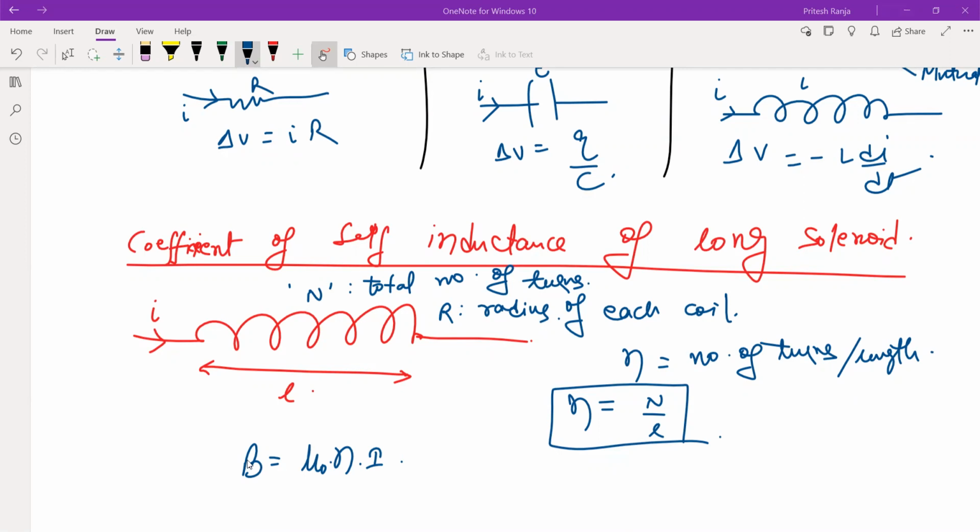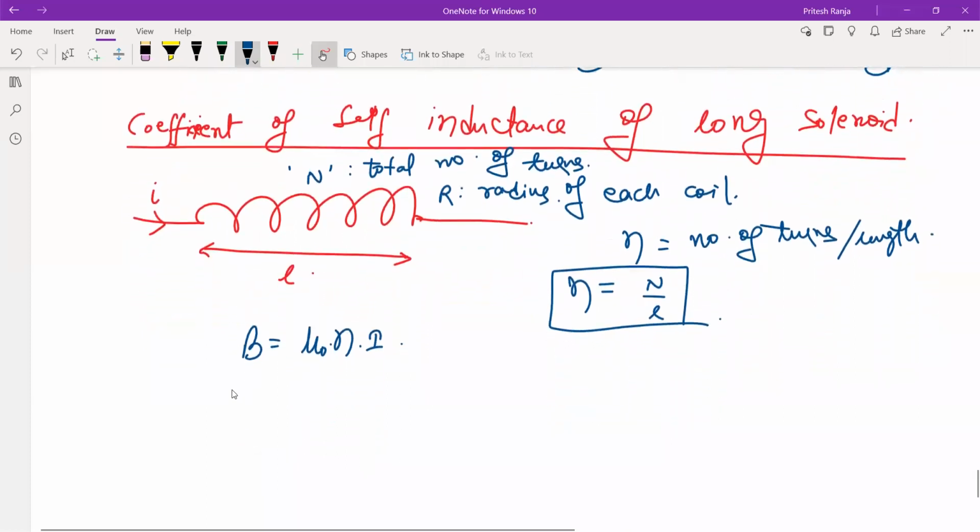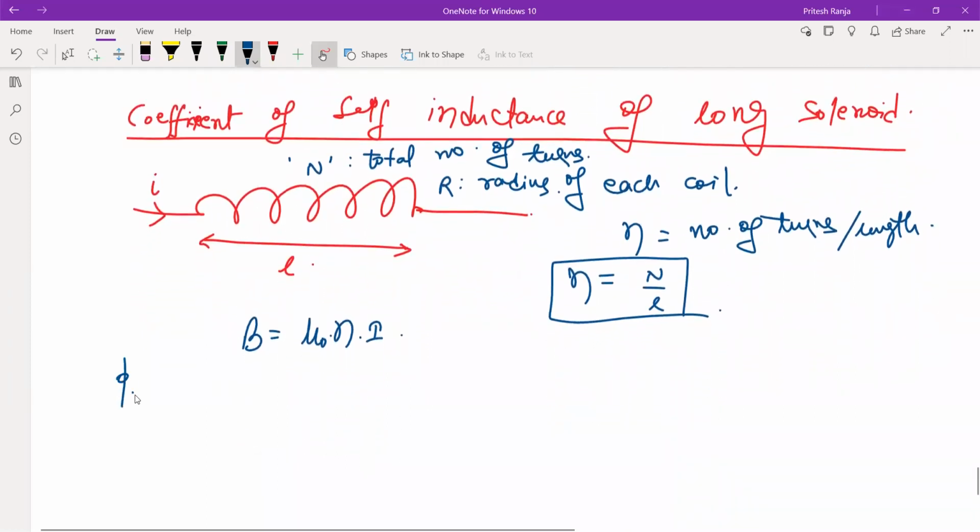Now, what will be the flux with respect to each coil? So flux of one coil, that will be B into A. Area is pi r square. So that will be mu naught into n into I into pi r square.